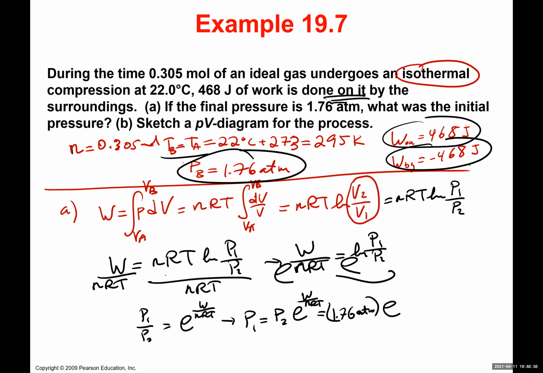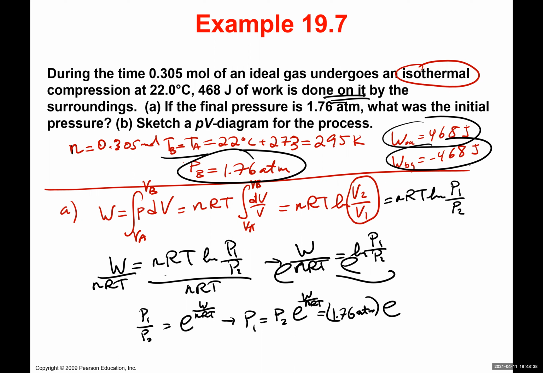So it's negative 468 over n, which is, sorry, the previous one was 2 moles, so 0.305 moles, then R, 8.31, and then the temperature is 295. Putting everything together, we calculate pressure 1, and that will be 0.942 atm.